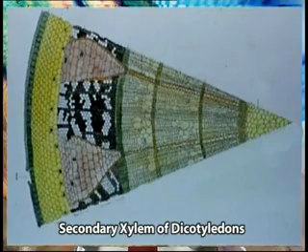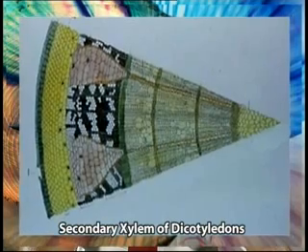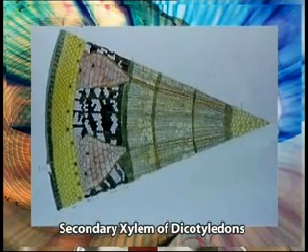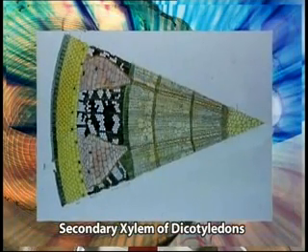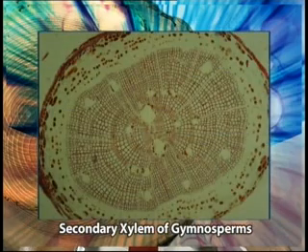The most significant difference is the functional separation in dicotyledons of cells providing mechanical support and those which provide transport of water and minerals, whereas in gymnosperms, both of these functions are served by tracheids.